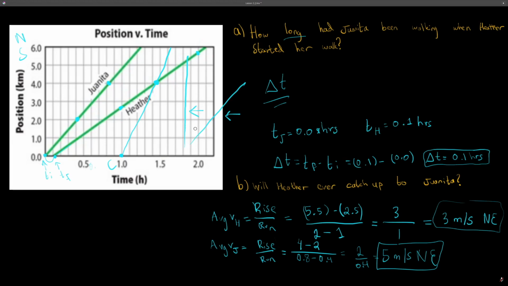So the less vertical, the slower; the more vertical, the faster. So this point right here is where runner C surpassed Heather, and now runner C is in front of Heather, and is going to continue to be in front of Heather unless Heather speeds up herself.